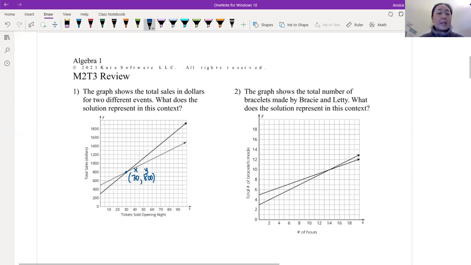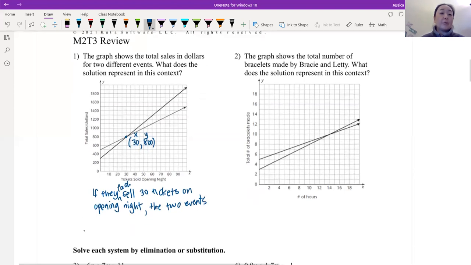So if you take a look at this, that just means that if they each sell 30 tickets on opening night, the two events will make the same amount, right?